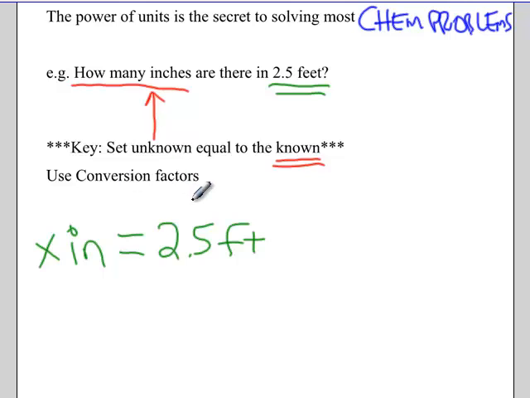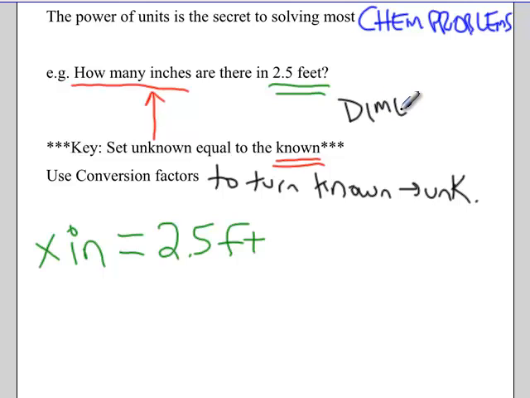Then we use conversion factors to turn the known into the unknown. And this process is called dimensional analysis.